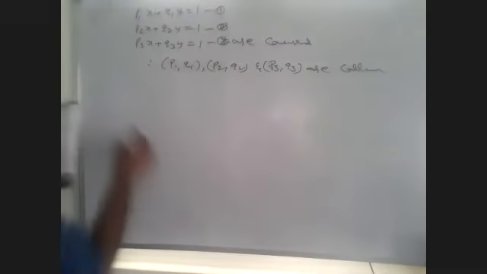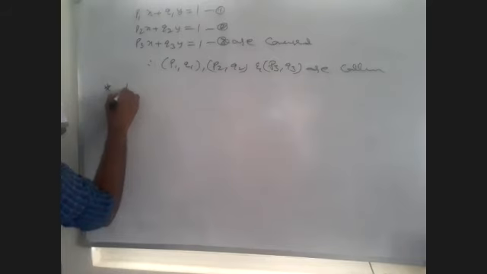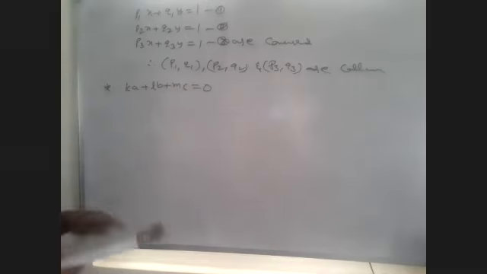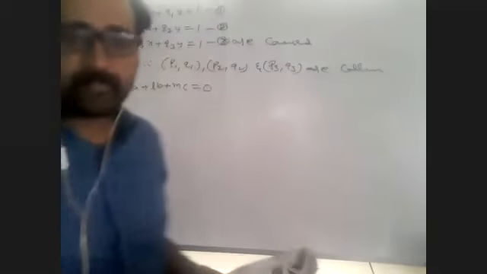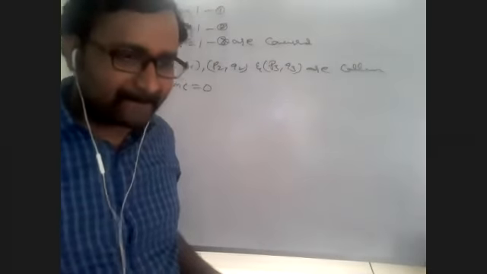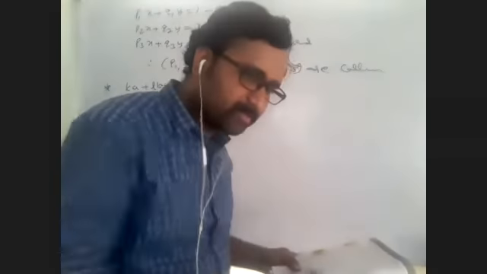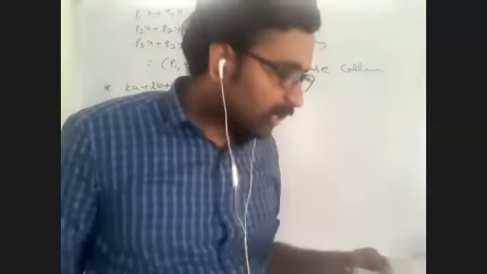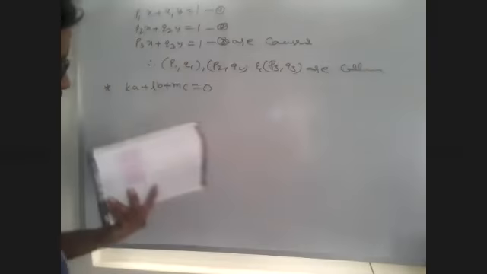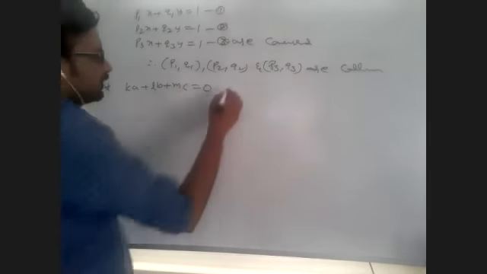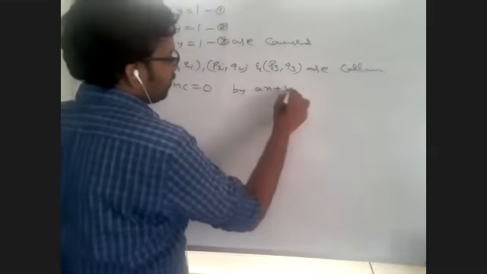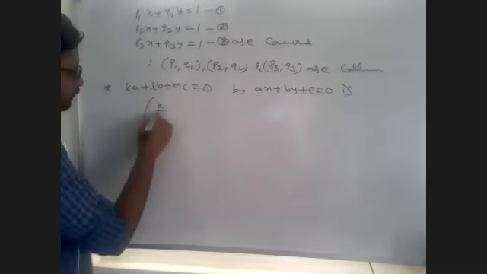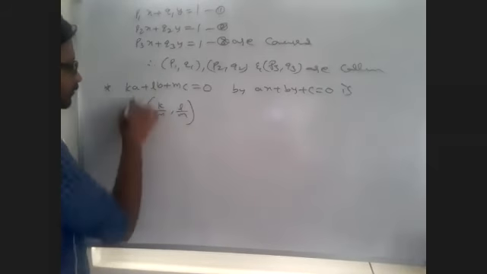And one more, the last one: if Ka plus Lb plus Mc is equal to 0, then the point of concurrency of the lines represented by ax plus by plus c is equal to 0 is, I am writing, k by m comma l by m.